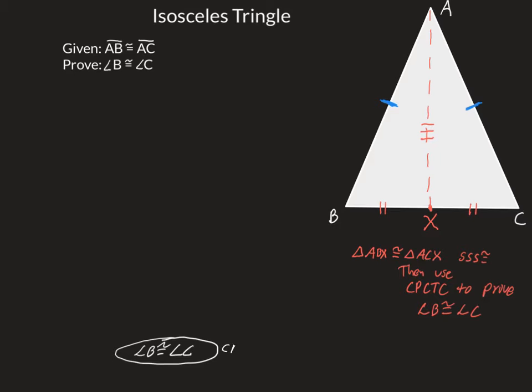And we know that we're going to use the corresponding parts of congruent triangles are congruent to prove that those angles are congruent to each other. So in order to do that, we need to prove that triangle ABX is congruent to triangle ACX. So adding that to my flowchart. And the reason for that we're going to show is the side-side-side congruence.